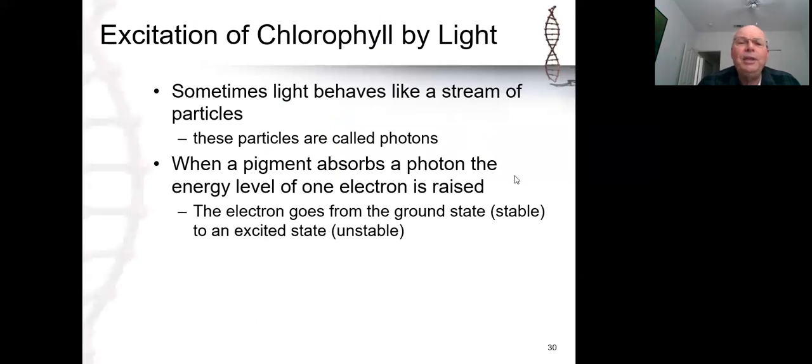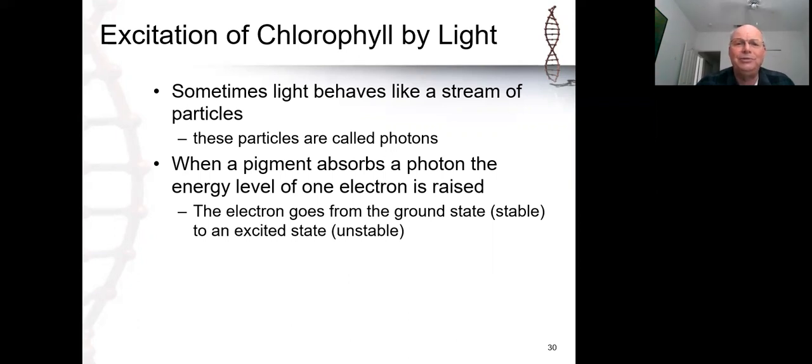So when we start thinking in terms of the behavior of light, we have to start thinking in terms of light in much the same way as we've been forced to think about electrons. Remember, we thought about electrons as both particles and waves. We could draw electrons as physical particles circling around the nucleus, or we could draw them as clouds of negative charge, waves of negative charge around the nucleus.